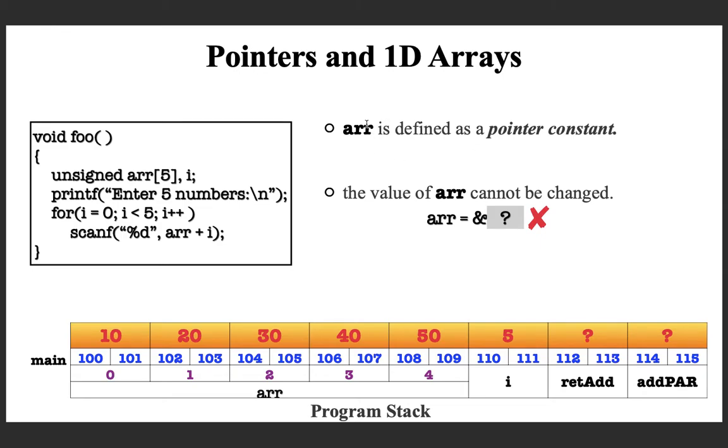Why is it a pointer? Because it is the address of the element at index 0. ARR plus 0 is ARR. And it is a pointer constant because you cannot alter the value which is 100. And this is what we saw. ARR points to the first element of the array or the element at index 0.